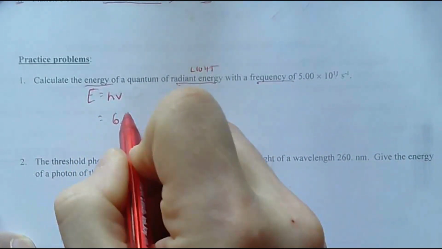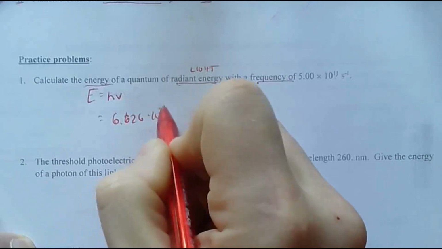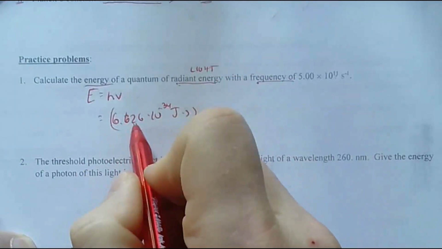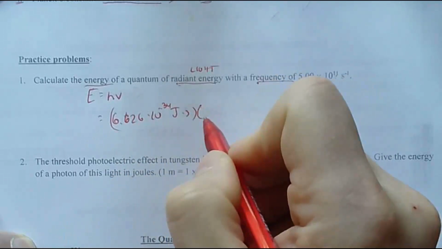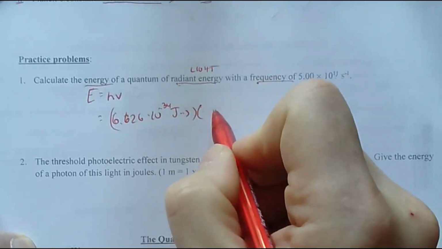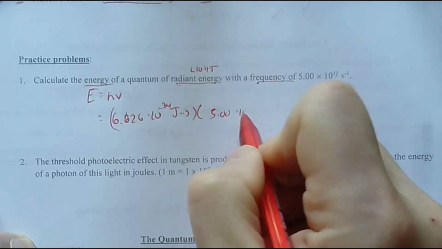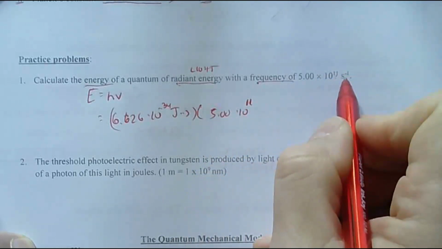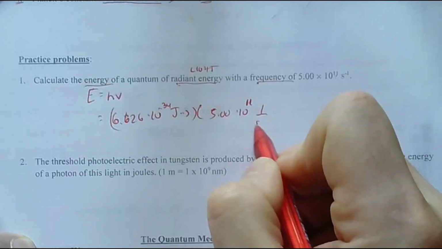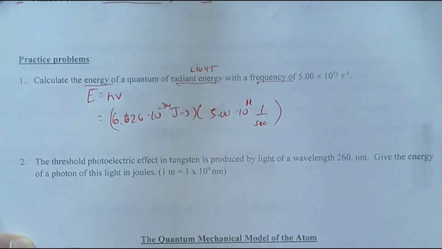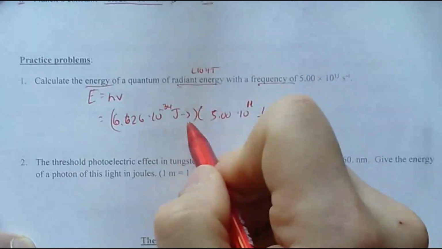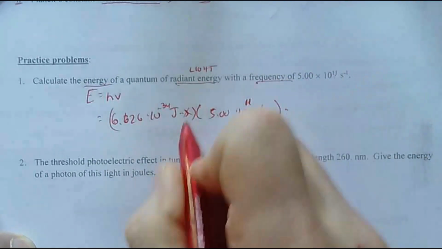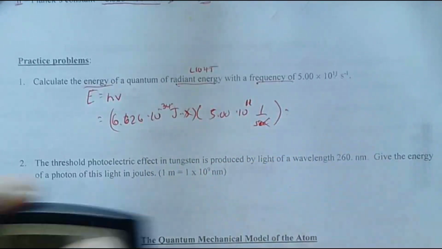So the setup is going to be Planck's constant, 6.626 times 10 to the minus 34th joules times seconds, times the frequency, which is 5.00 times 10 to the 11th, and it's 1 over seconds. Hopefully you can see that seconds and seconds cancel out from a unit perspective, leaving us just with joules, which is what we want.